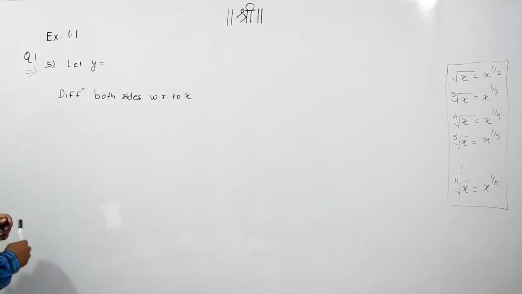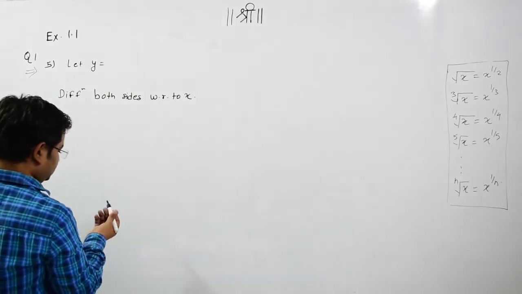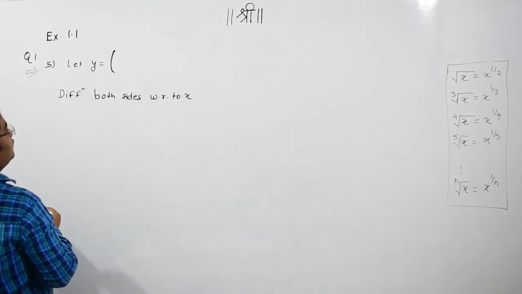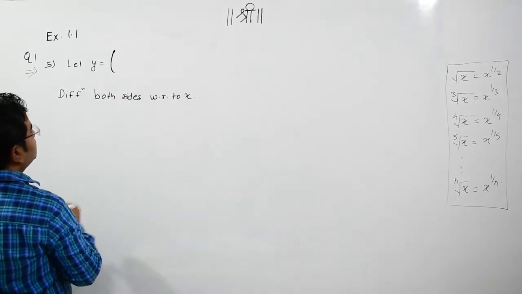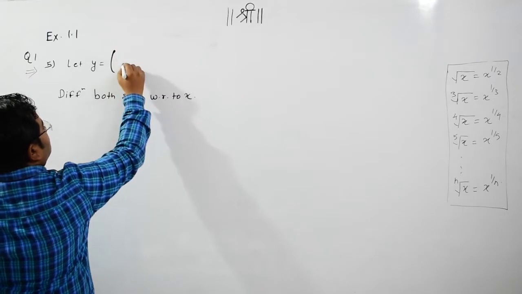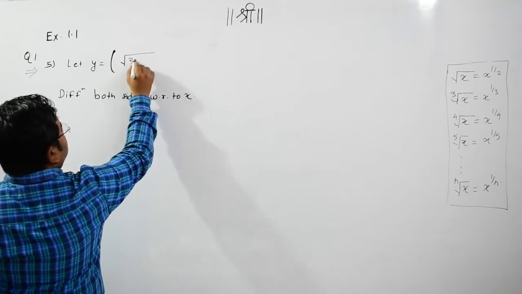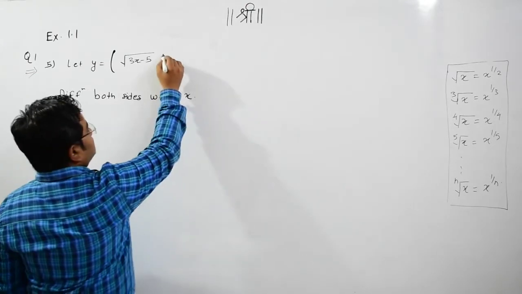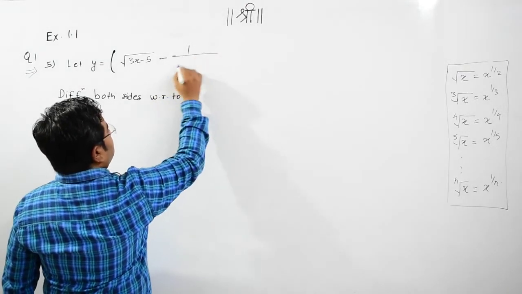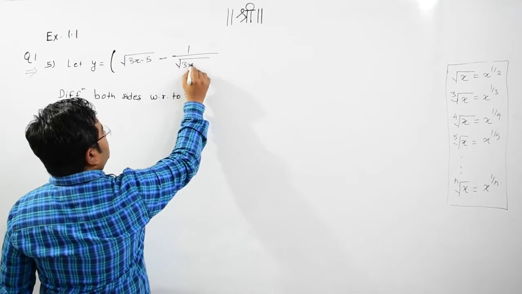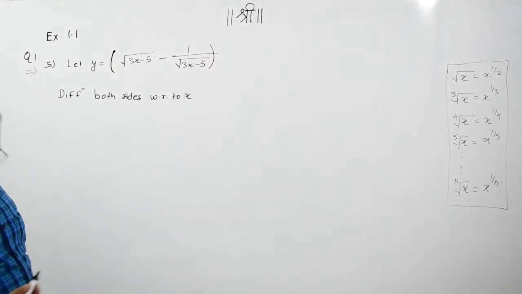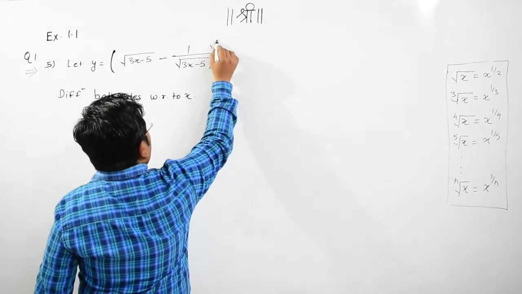So what is this term? Root of, how much is that? Root 3x minus 5, correct, minus 1 upon root 3x minus 5 bracket raised to 5.